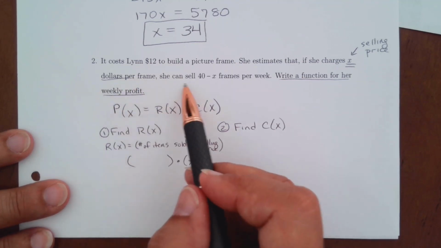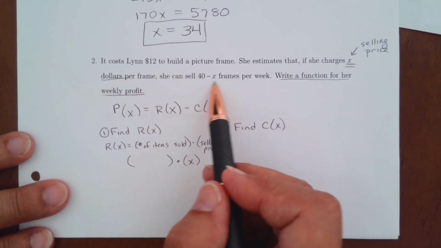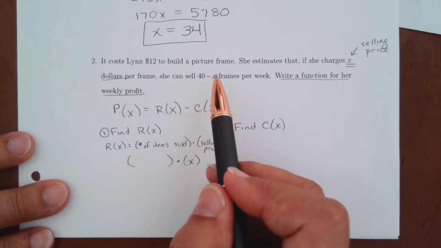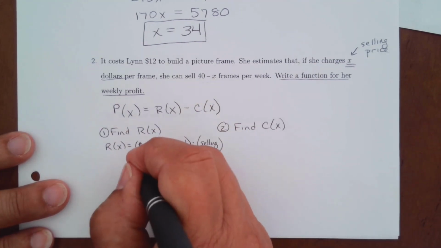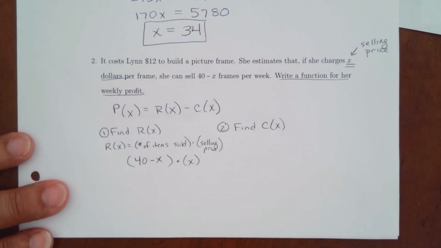She can sell 40 minus X frames per week. That is the number of items, so that is 40 minus X. You got to read the problem carefully. It's not hard, but you got to take your time with it.